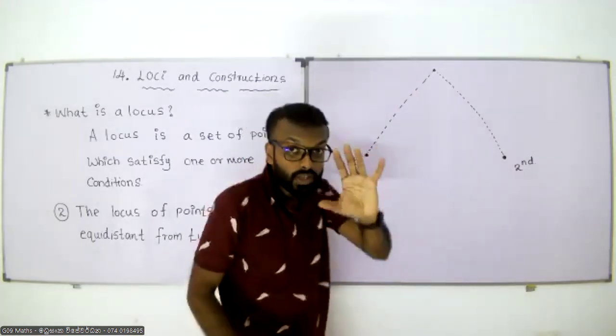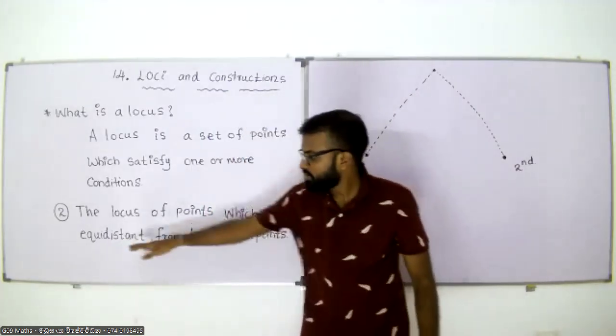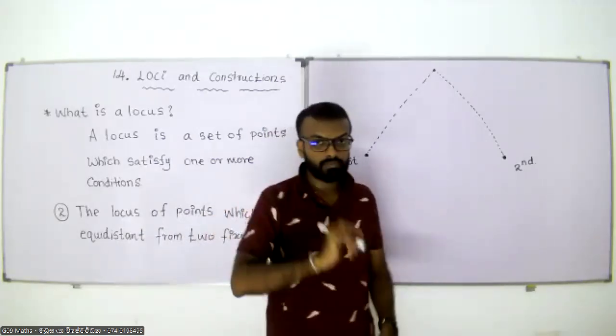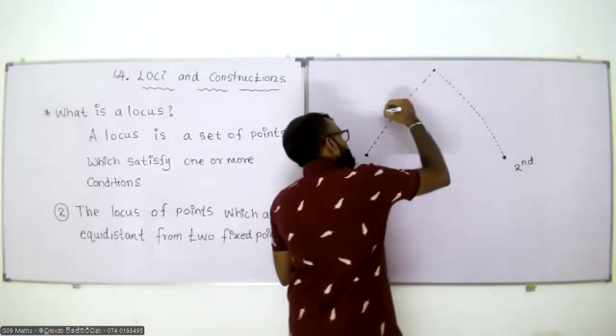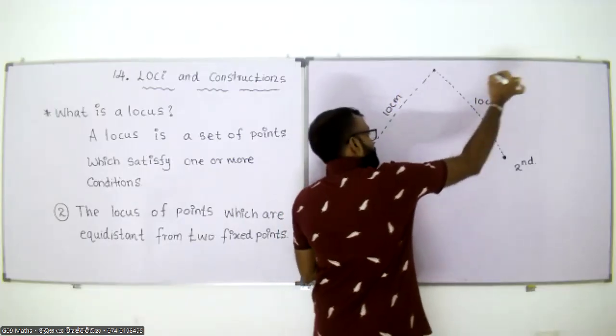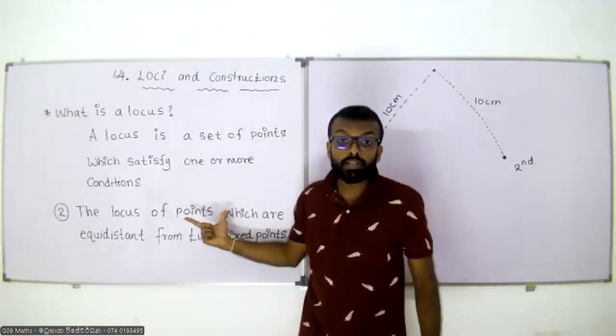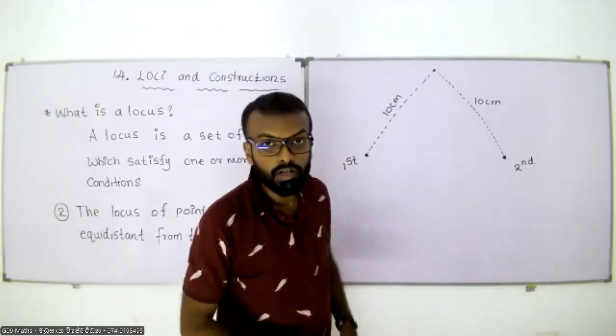Now we have the equidistant part: we have two fixed points and also equidistance. I will take this as 10 centimeters and this length as 10 centimeters as well. Now here I have a set of points. The first point I have already drawn.